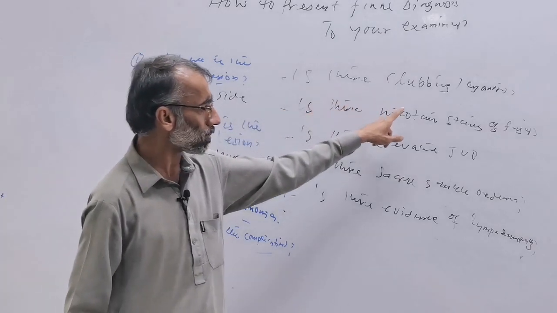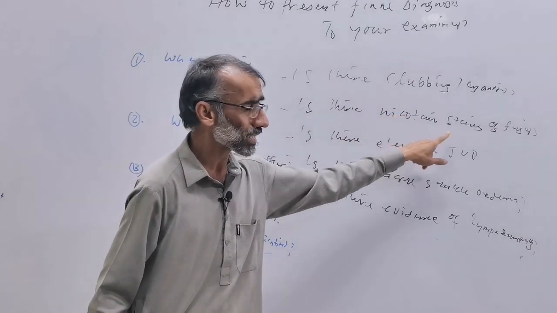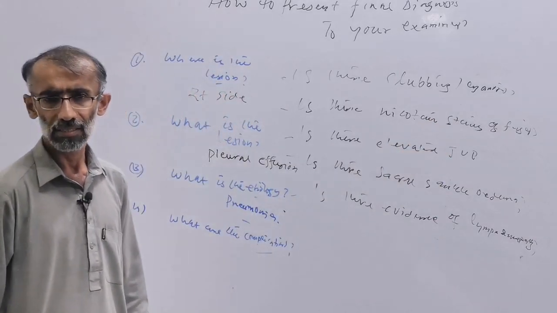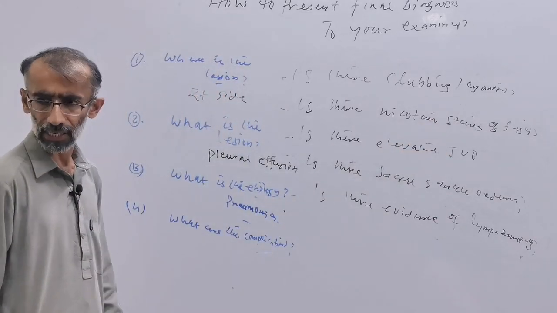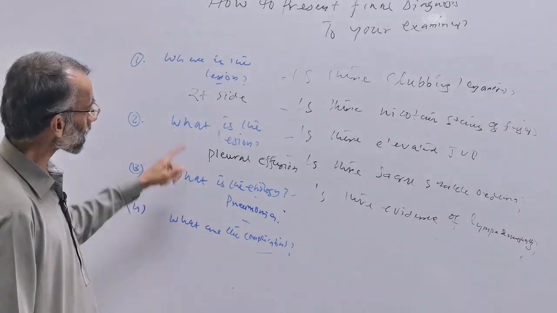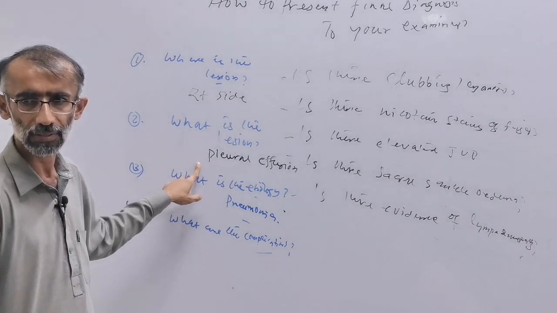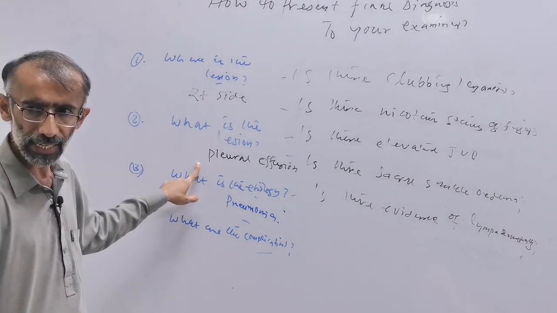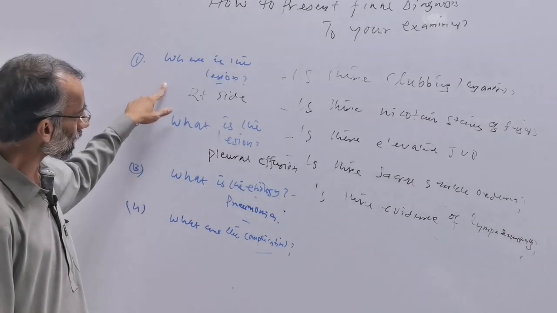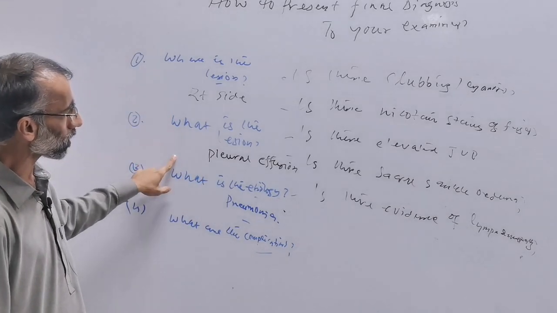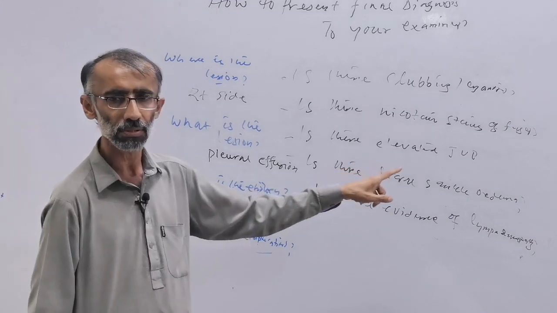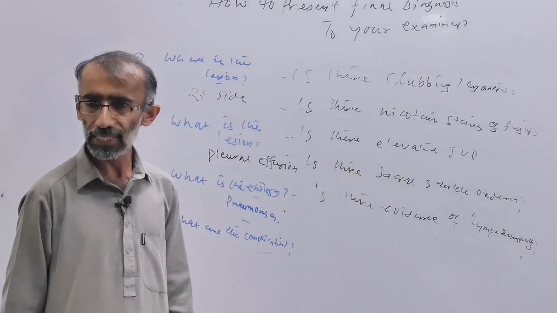If there is clubbing and nicotine staining of the finger, what could be the etiology of right-sided pleural effusion? Carcinoma of lung. My clinical diagnosis is the right-sided pleural effusion secondary to carcinoma of lung.